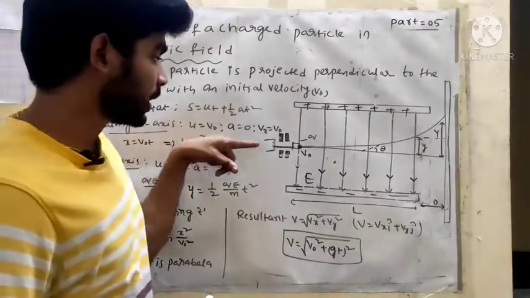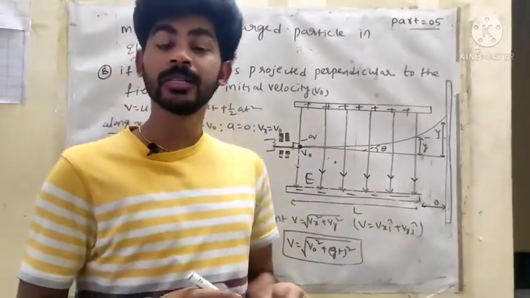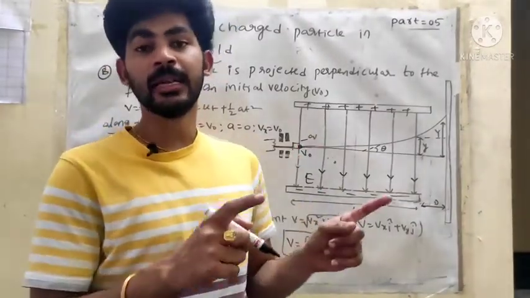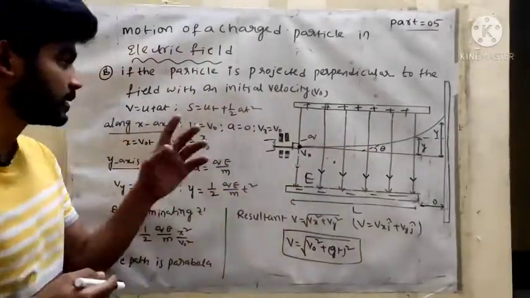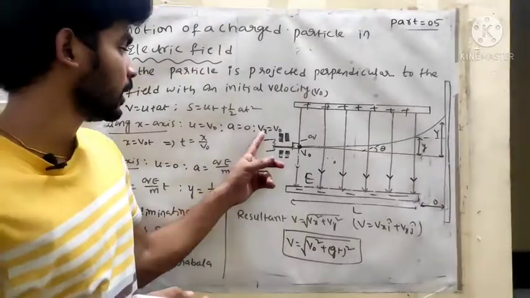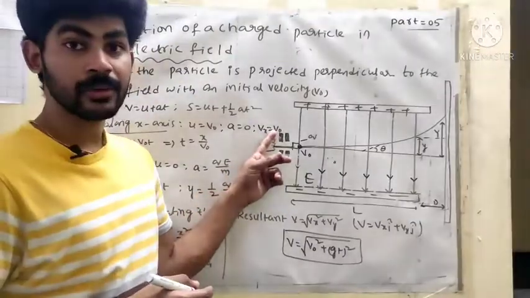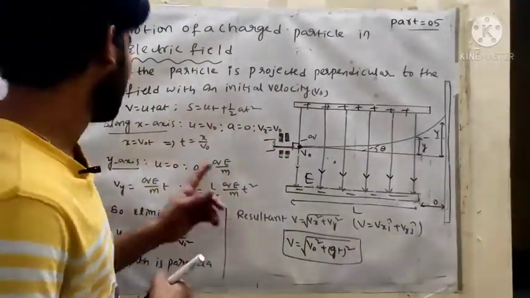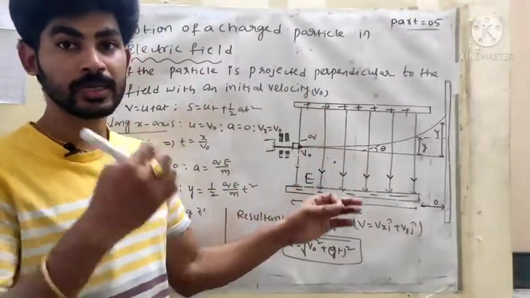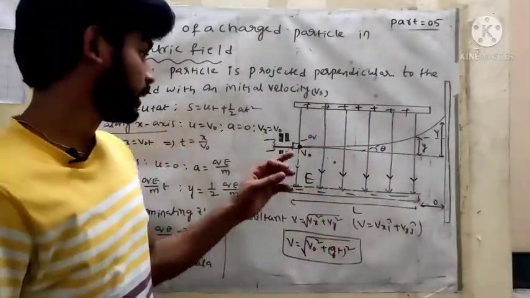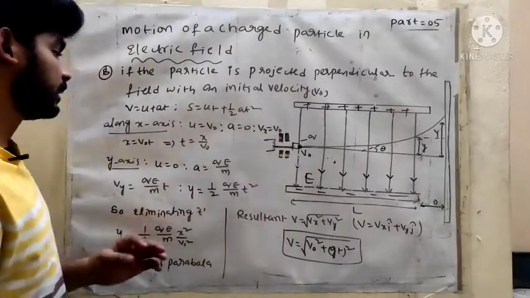That charged particle maintains a constant velocity, and horizontal acceleration is always 0. So along the y-axis acceleration is 0, along the x-axis velocity is V0, and acceleration along the x-axis is 0. The particle has velocity V0.